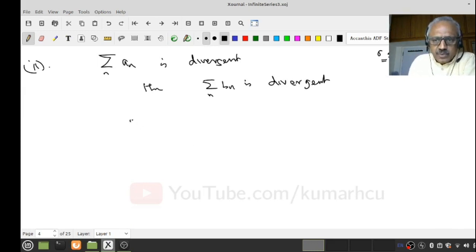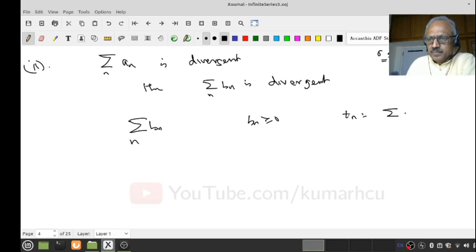Let's look at summation bn. I want to know whether it's divergent. Now what do I know about bn? The bn's are non-negative. Therefore, if tn is the nth partial sum, b1 to bn, then tn is an increasing sequence. Therefore summation bn converges if and only if the tn's are bounded above.